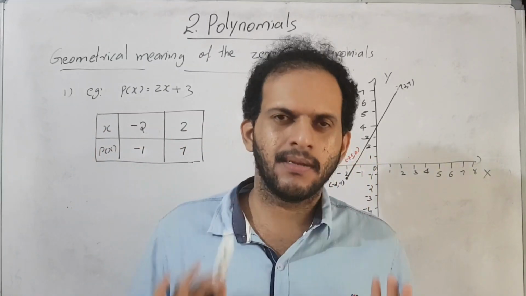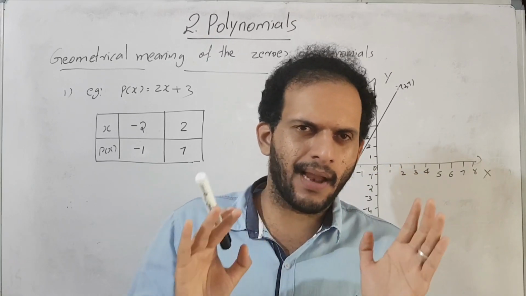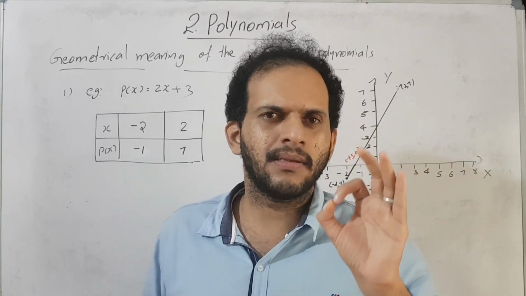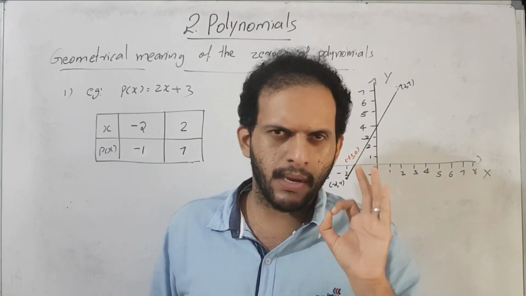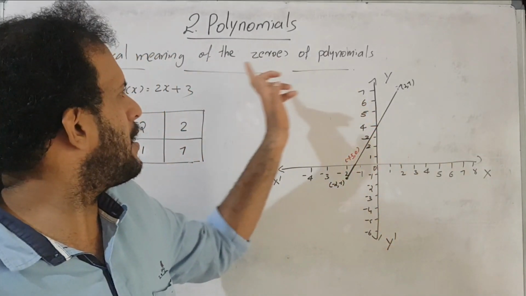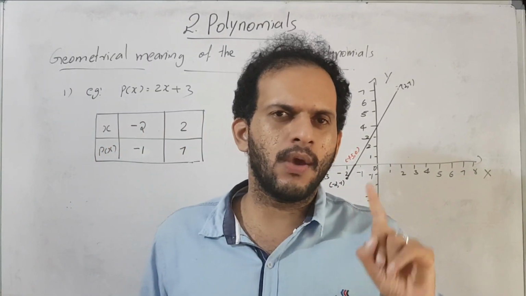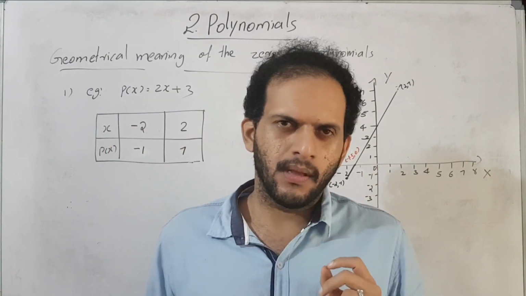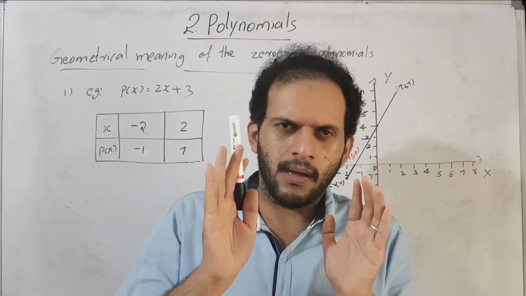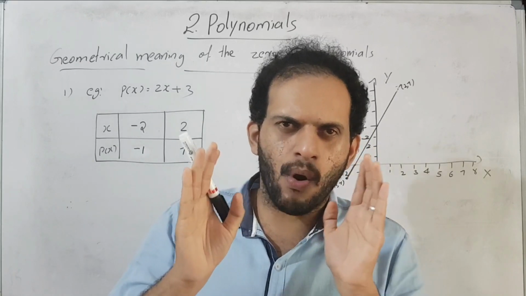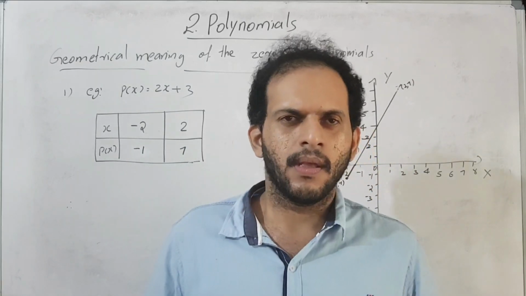That means the idea is like this: the graph of a linear equation meets the x-axis at only one point means this linear equation has only one solution, only one 0.